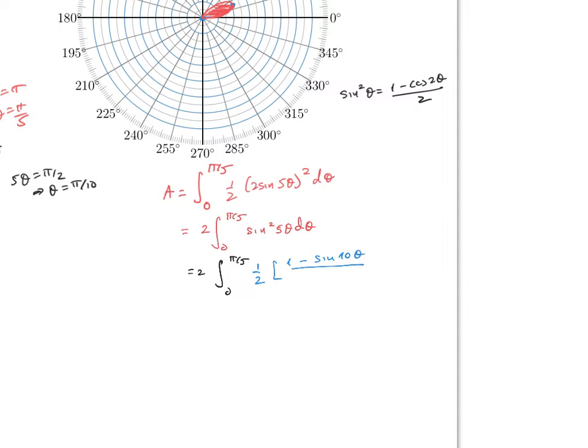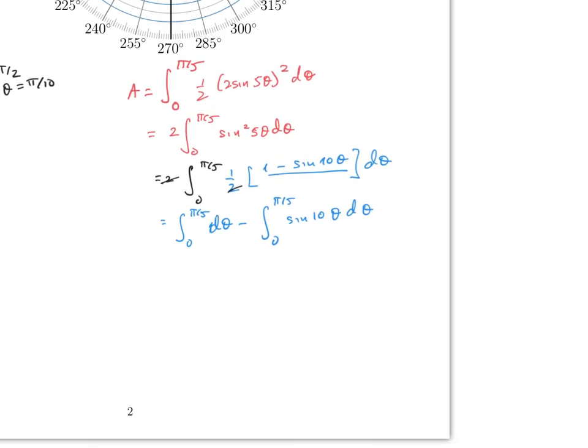Well, you already have the 2 in front, so the 2's will cancel, and this will be the integral from 0 to pi over 5 of 1, or let's just say d theta, minus the integral from 0 to pi over 5 of cosine 10 theta d theta. And then the integral of this is just theta from 0 to pi over 5. And then the integral of cosine is sine, so it will be minus sine 10 theta divided by 10 from 0 to pi over 5.